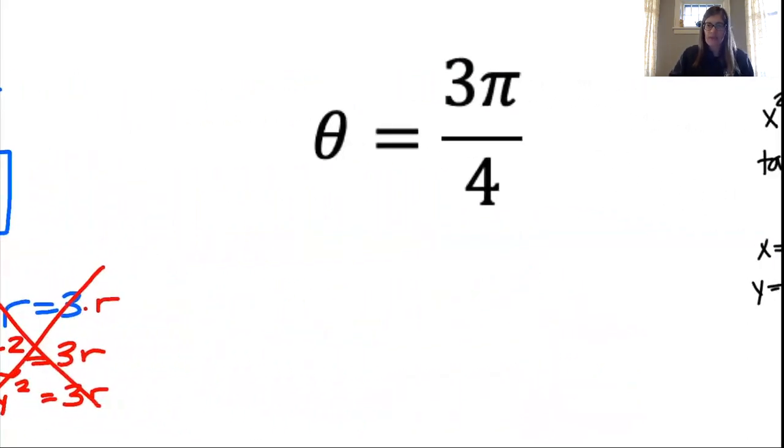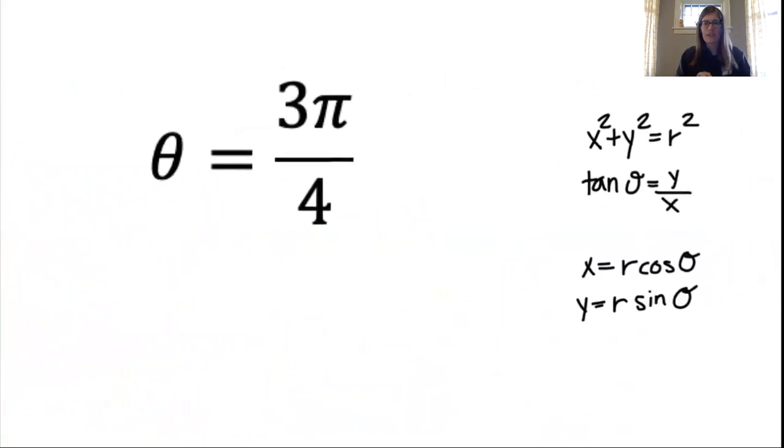Next one, theta equals 3 pi over 4. So I've got my 4 equations over on the other side. Note that this one again is in polar form. It has a theta, and I want to change it into rectangular form, so I want it to be in terms of x's and y's. Looking at my 4 equations, I'm probably not going to use the first one, x squared plus y squared equals r squared, because that equation doesn't have a theta, and I don't even have an r. So I might be thinking about using tangent theta equals y over x, x equals r cosine theta, y equals r sine theta.